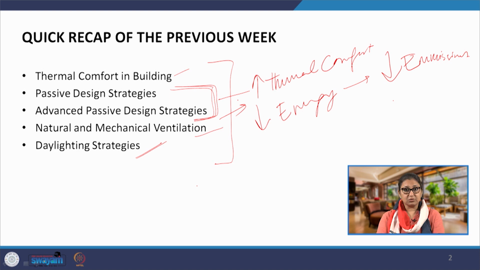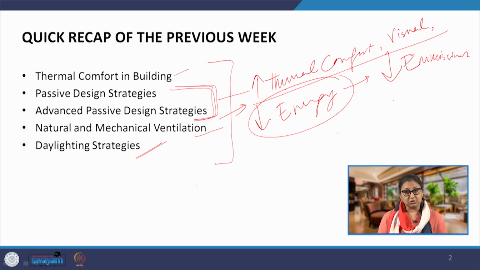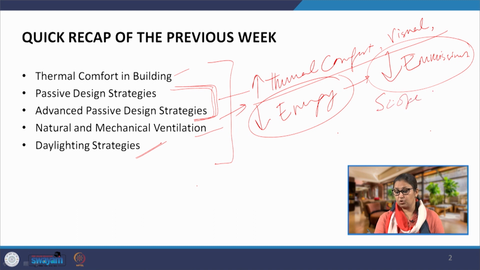So, we are trying to enhance thermal comfort or visual comfort, or we may be talking about indoor air quality at large. We are trying to improve the comfort inside the buildings, and in the process, we are reducing the energy consumption in the building, which is further leading to a reduction in emissions, largely in scope 1 and 2.